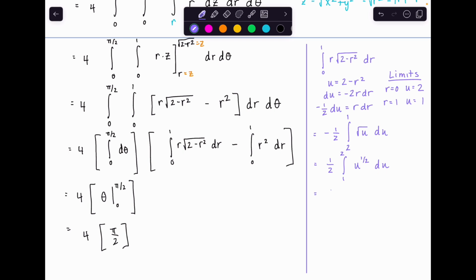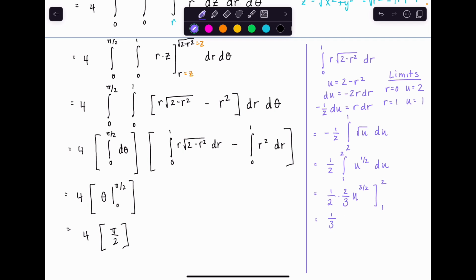So going through, we increase that power by 1, so that gives us 3/2. Divide by the new power, which is the same thing as multiplying by the reciprocal. And then that's evaluated from 1 to 2.